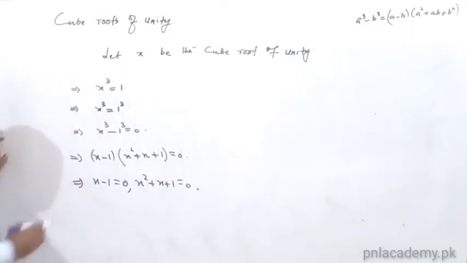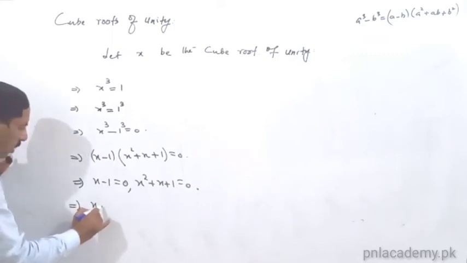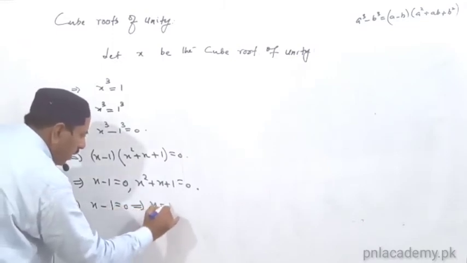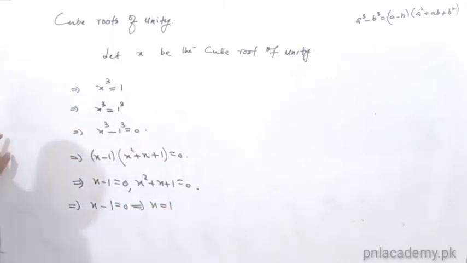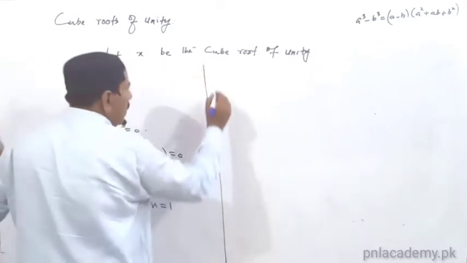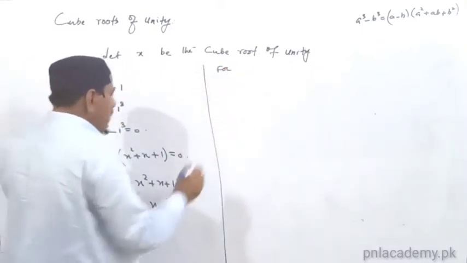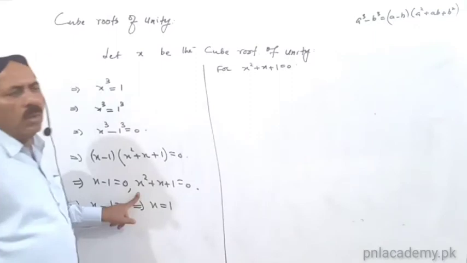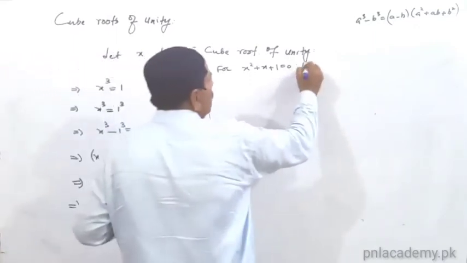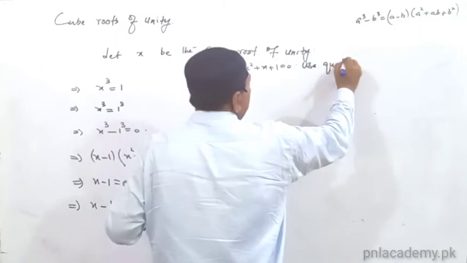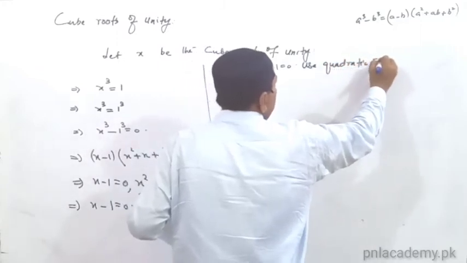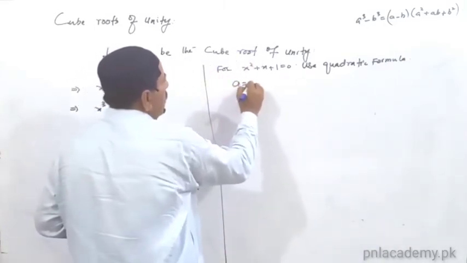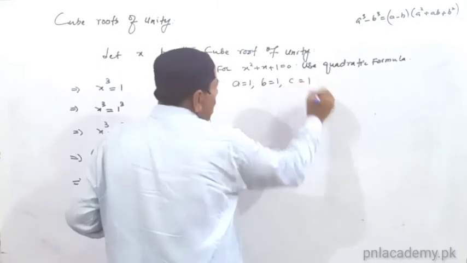If x minus 1 is equal to 0, it implies that the value of x is equal to 1. For x square plus x plus 1 is equal to 0, by using the quadratic formula, the value of a is equal to 1, value of b is equal to 1, value of c is equal to 1.